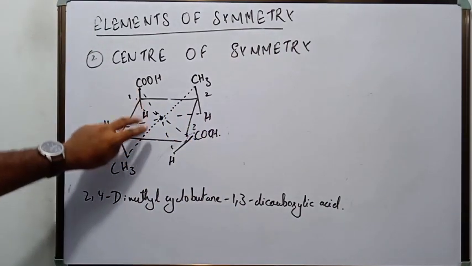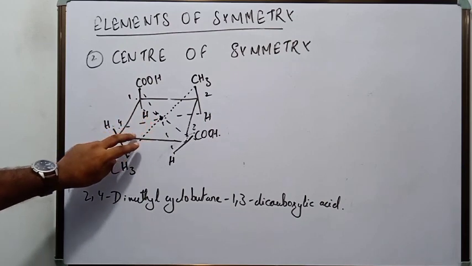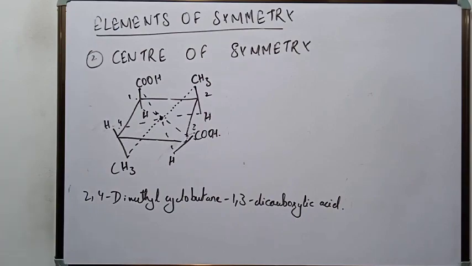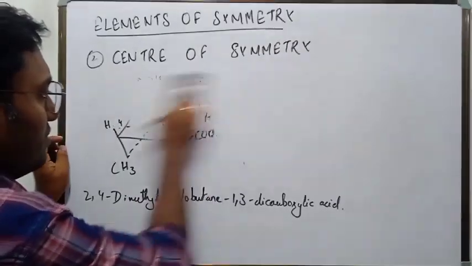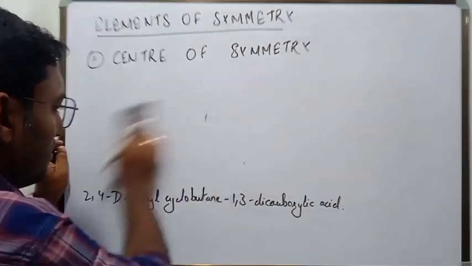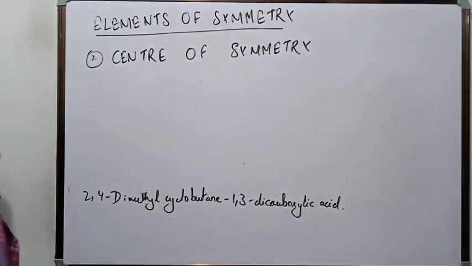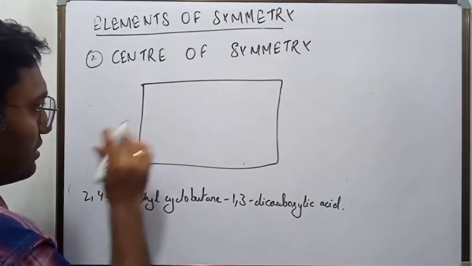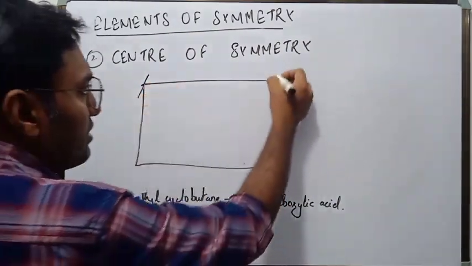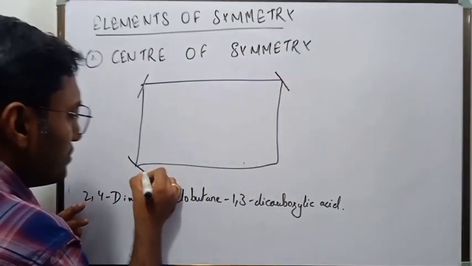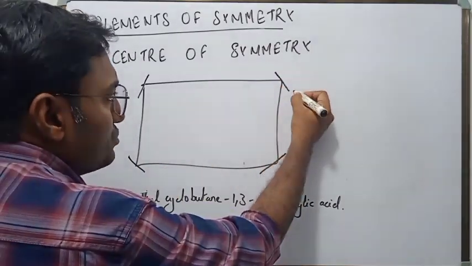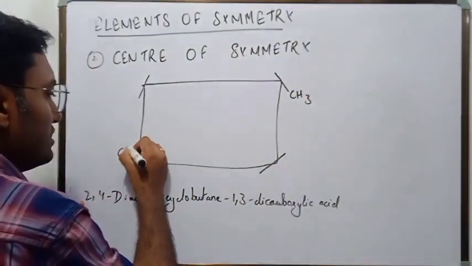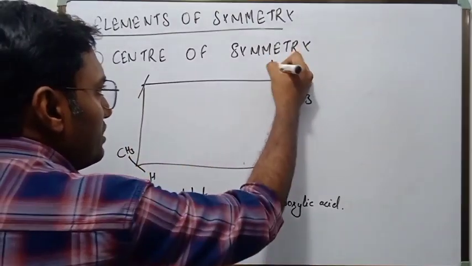What I mean to say here is that it is an imaginary point in the center of the molecule. Let me draw it a little bigger so that we can understand it. This is cyclobutane and here we have 4 groups. You draw CH3 here, CH3 here, put it in trans position.